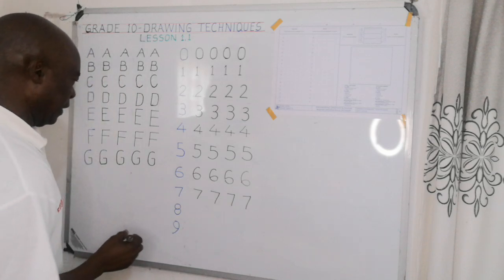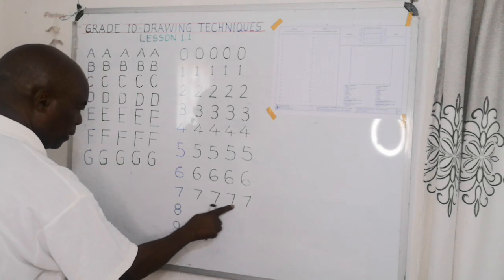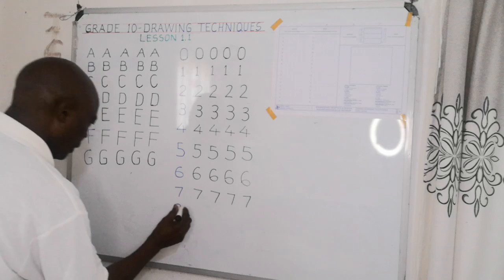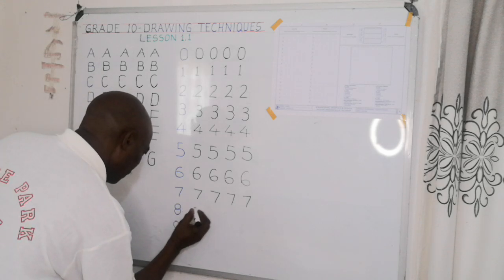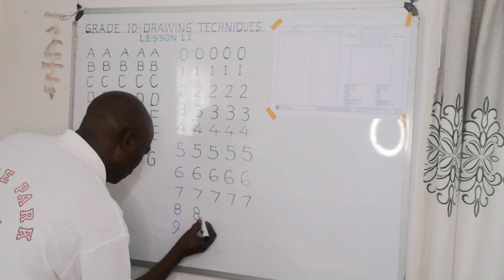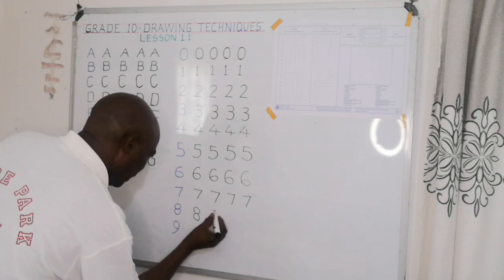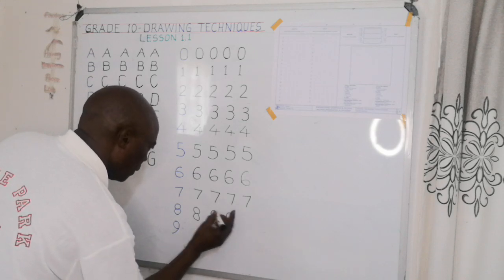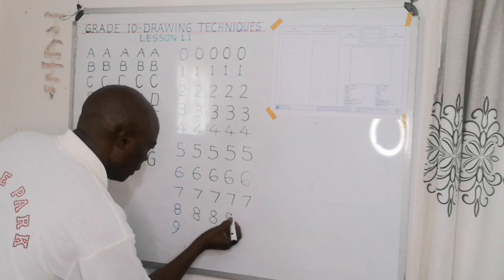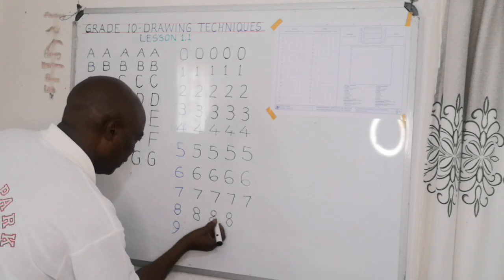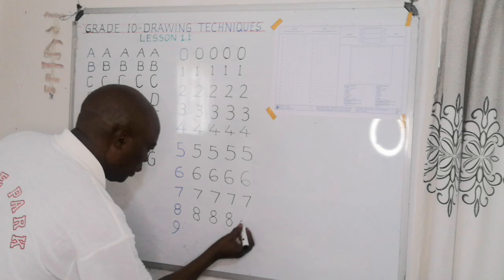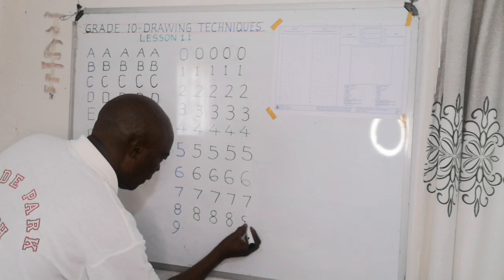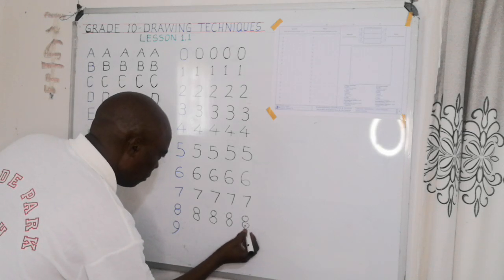No stylish printing, please. No stylish printing. And then 8. Or you can just do it once like that. As for me, I like printing them as 2 zeros, one on top of the other, like that, because it becomes perfect.